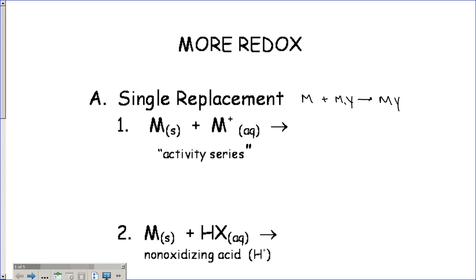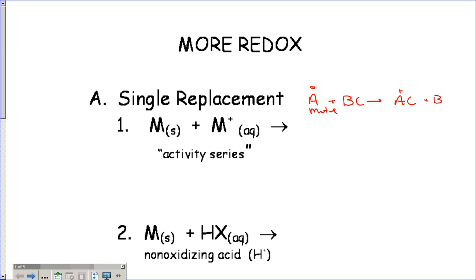I think what we did last year is just use A plus BC yields AC plus B, where A was a metal in its solid state, oxidation state of 0, going to some positive oxidation state when it bonds.